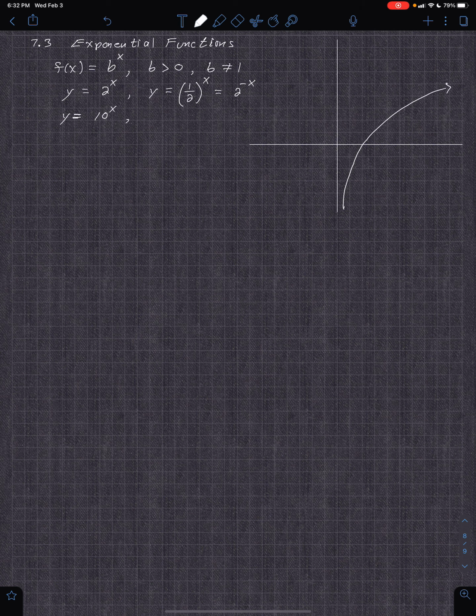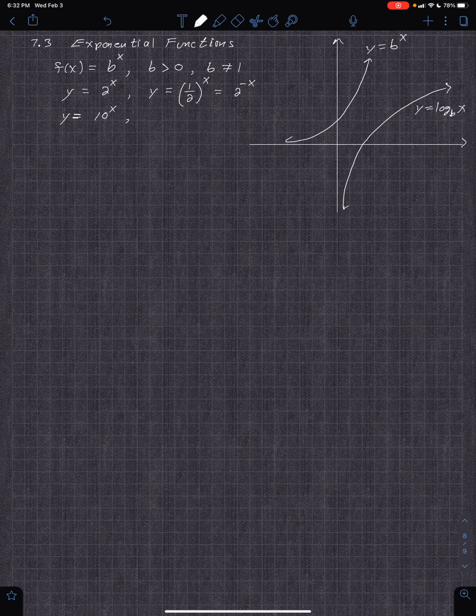Okay, so there's a logarithm, and then we have, hold on a second, I fixed my iPad there for a second. Then you have this graph. So this graph is y equals log base b of x, and this graph is y equal to b to the x.